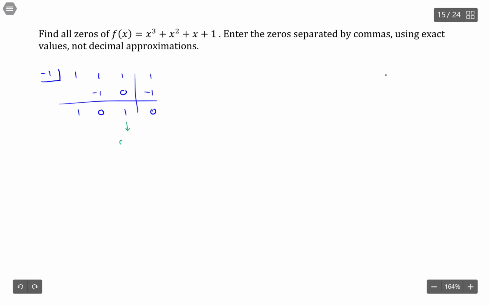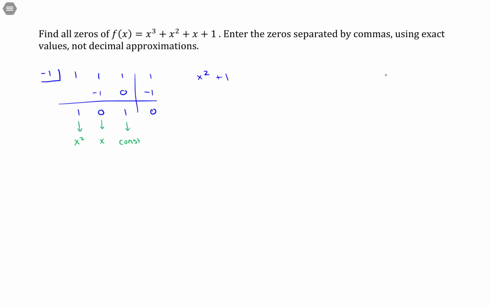Now, this is a constant term. This value is multiplied by x, and this value is multiplied by x squared. So that gives me a quadratic, which looks like x squared plus 1. And after I factor out the 0 of -1, this is the resulting quadratic.